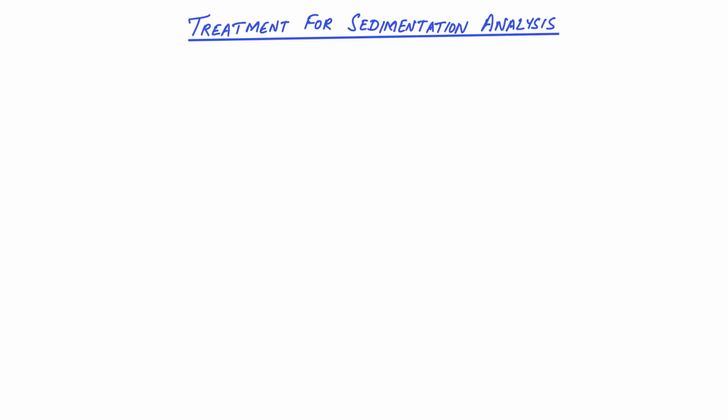Hello everyone. In this lecture, we are going to understand the different treatments that are given while conducting the sedimentation analysis. As you already know, sedimentation analysis is performed for the particle size analysis of fine-grained soil.